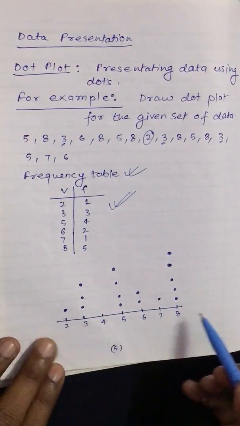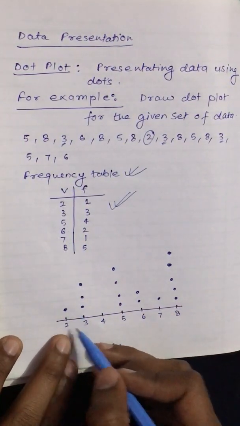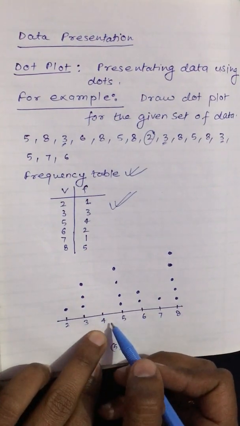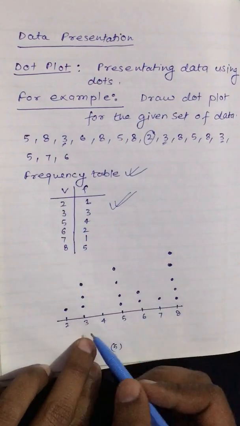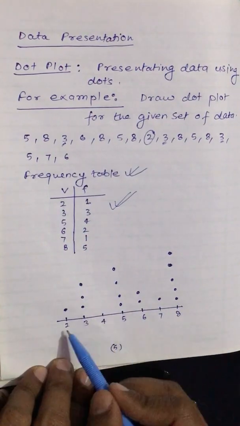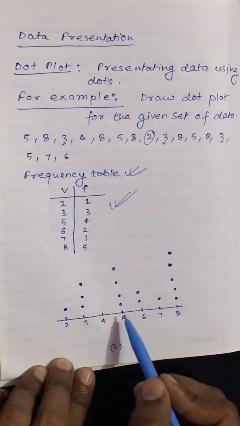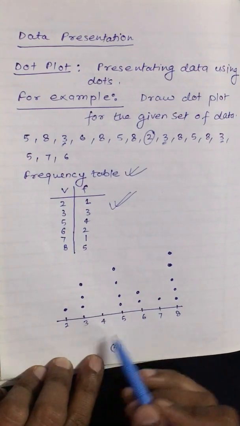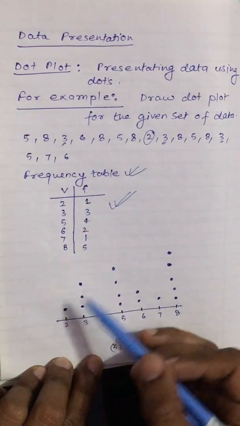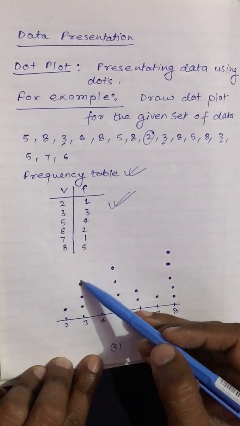I draw the dot plot. Represent the values first: 2, 3, 4, 5, 6, 7, 8. We do not have 4 in this data, but I write it because we have the numbers at the same distance. So 2, 3, then the gap is 4, then 5 and 6. Don't worry about 4. Let's talk about 2. How many times? 1 time, so I put 1 dot. 3, how many times? 3, so I put 3 dots.